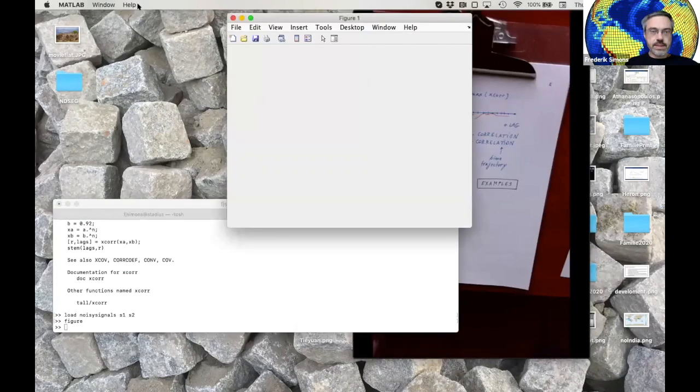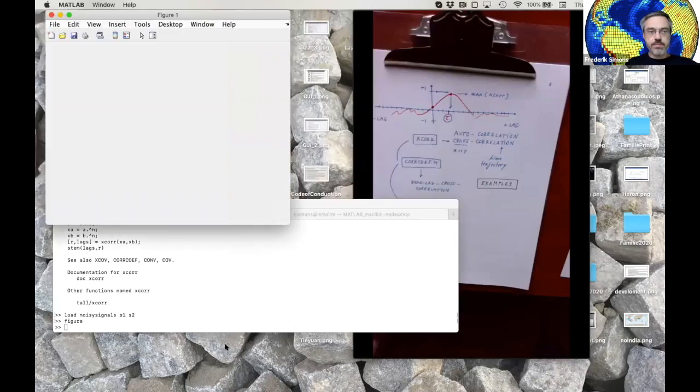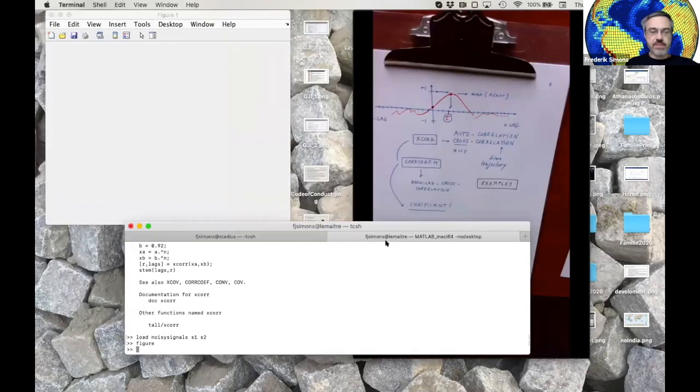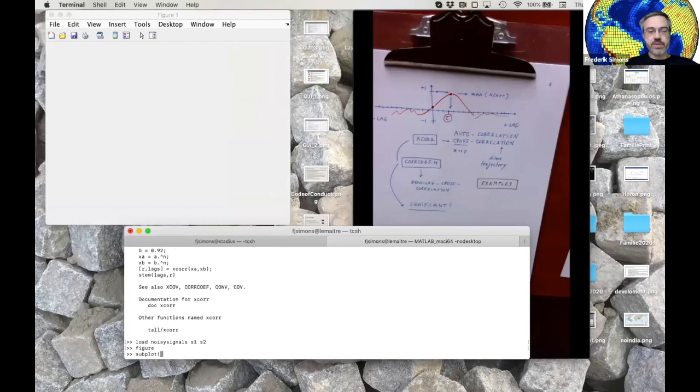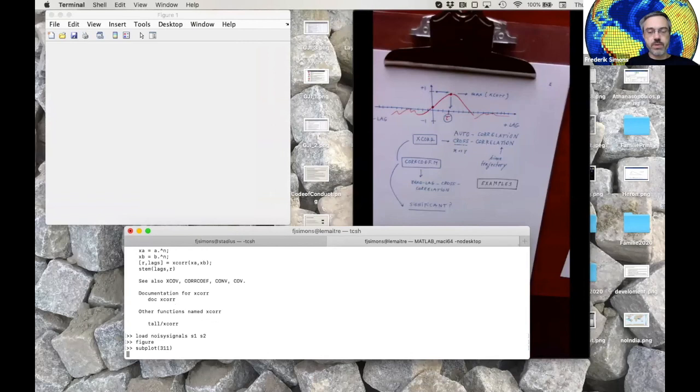There it is. I'm just going to do a quick verification of my sanity here. I'll do a subplot 311 and plot S1, a subplot 312 and plot S2. I'll wait for what seems like forever.